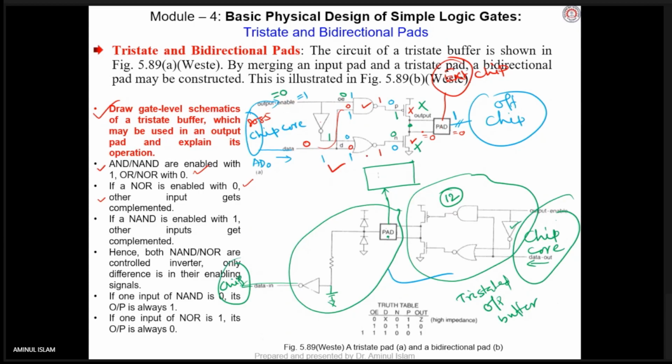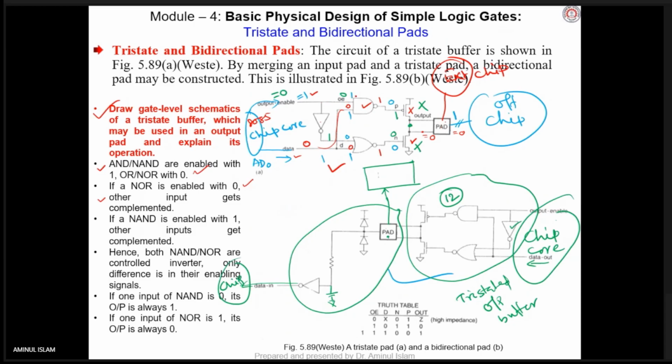Whether this data is going into this pad or not, that you check. Can you check and tell me? Is it going to be enabled with 0 or 1? It is a NAND gate. It is enabled with 1. Let us see whether it is doing so or not.